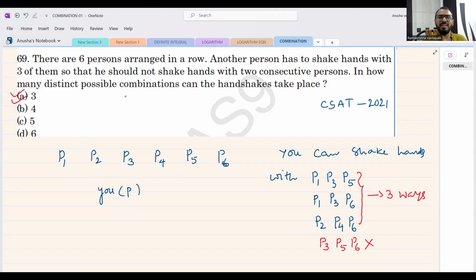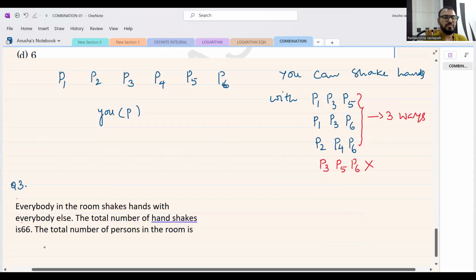Like this, I'll bring one more question on shake hands. Everybody in the room shakes hands with everybody else. The total number of shake hands is 66. The total number of persons in the room is dash.